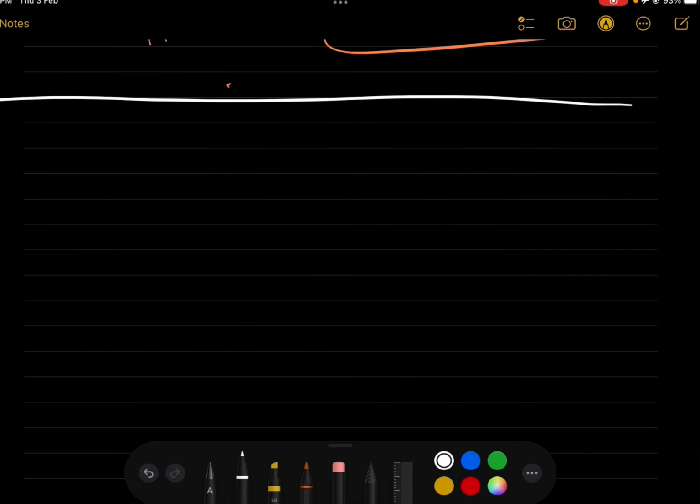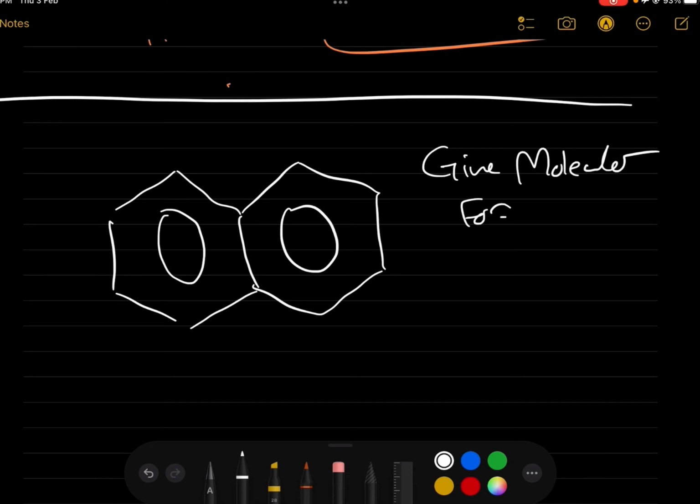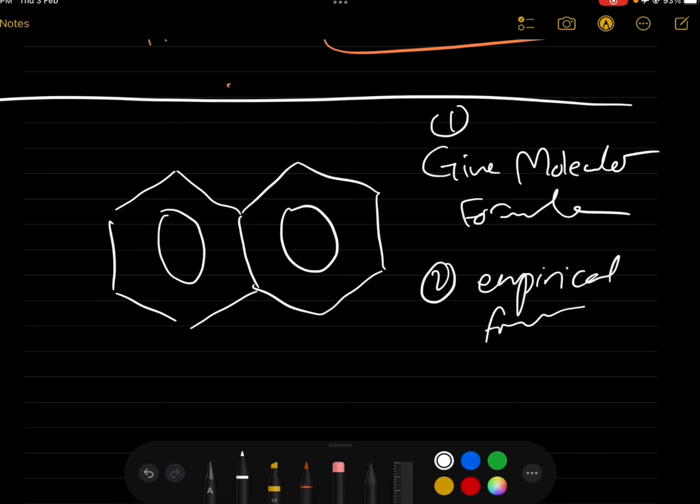Let's take another one, which is like this. If I ask you to give the molecular formula, and give the empirical formula, first of all, we are going to count the number of atoms.